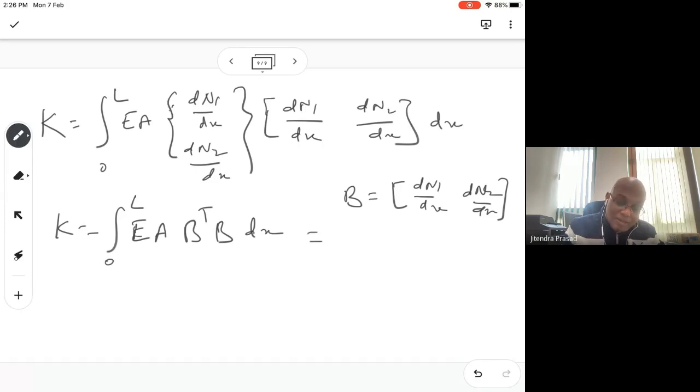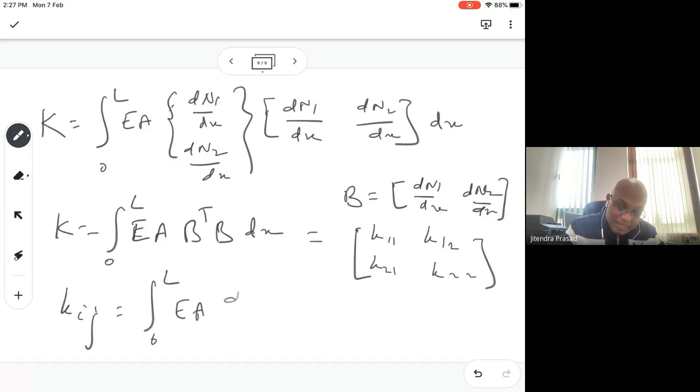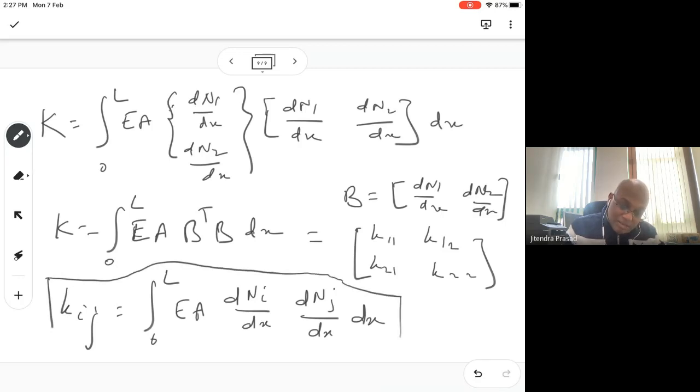Now this will be equal to K11, K12, K21, K22. See here, this is 1 and 2, 1 and 2. Kij is given simply by the integral from 0 to L of EA dni/dx dnj/dx dx. This is a very powerful statement.